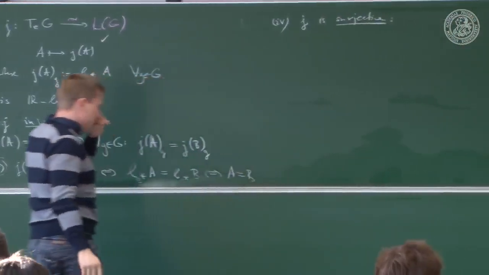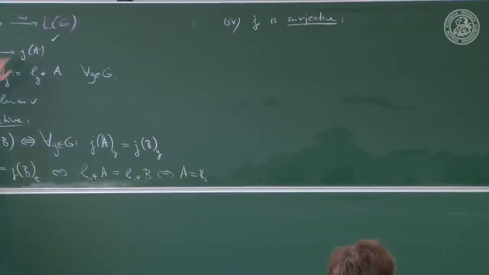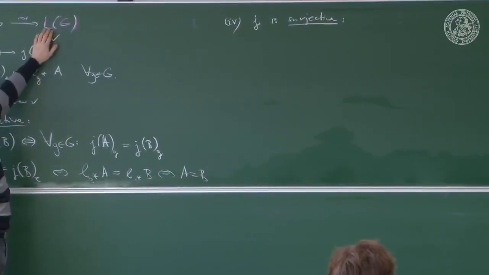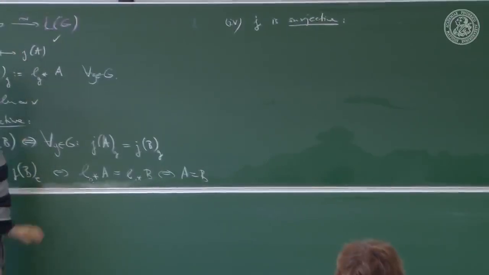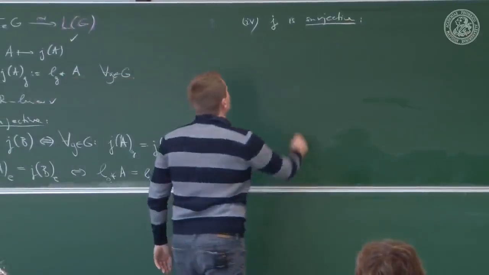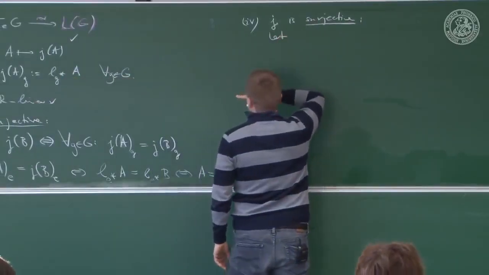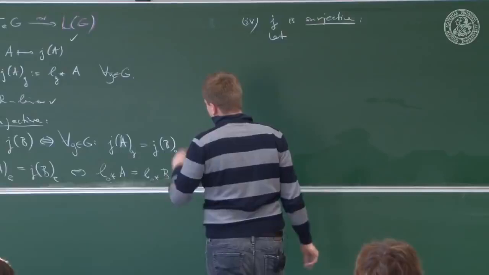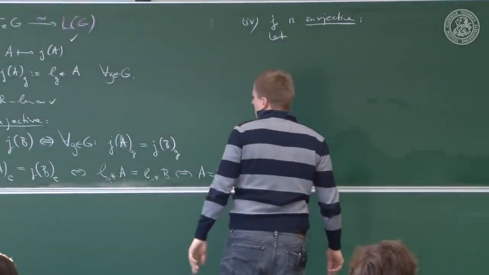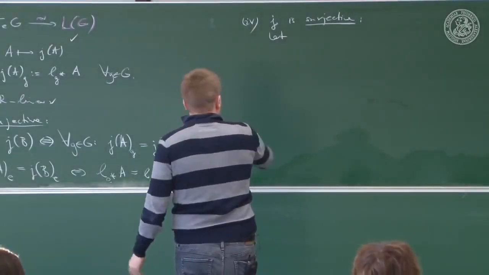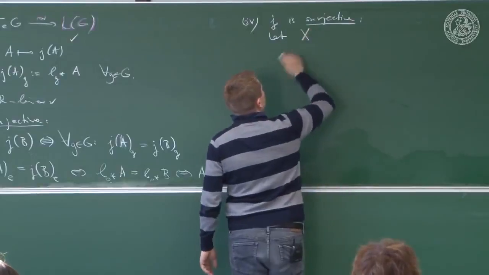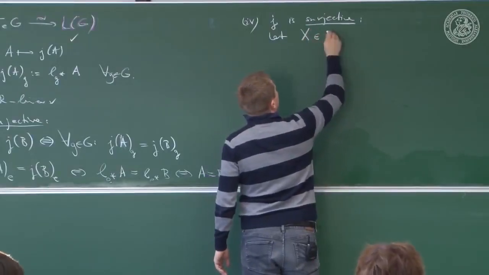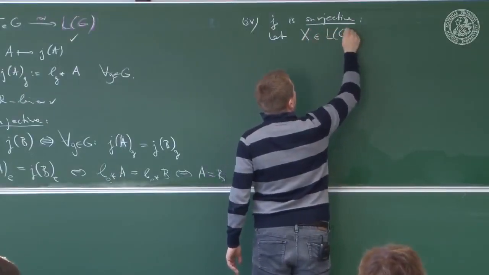Now, how do we show this? Well, we have to take an arbitrary element in the target, and we need to show that it can be hit by the map. Okay, how could that in the target look? Let X be any element in the target.